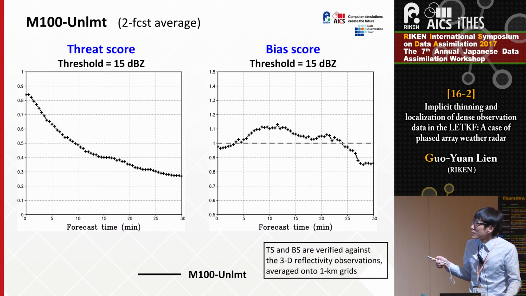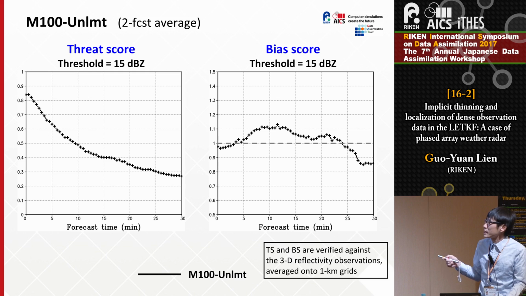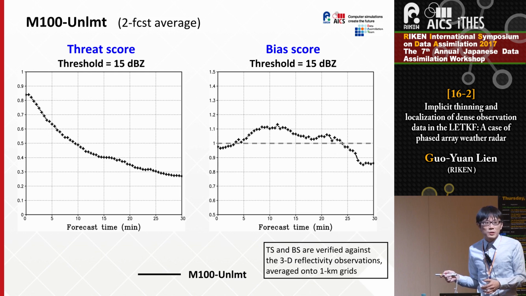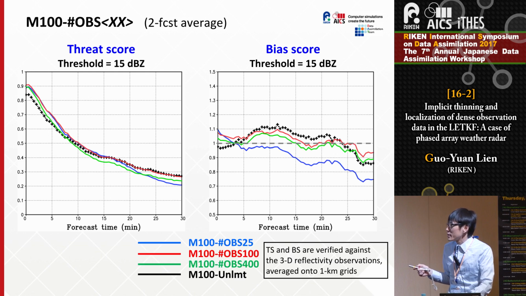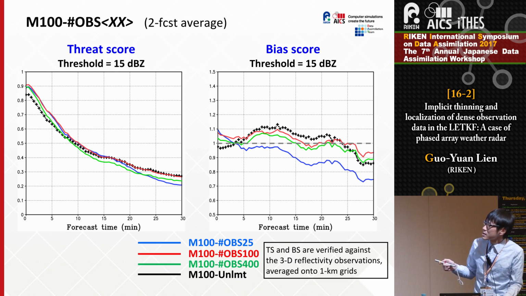So let's look at some objective scores. Here we calculate the threat score and the bias score verified against the reflectivity observations. This is for the experiment without the observation number limiter, the original LETKF. If we employ the observation number limit, this is the result.